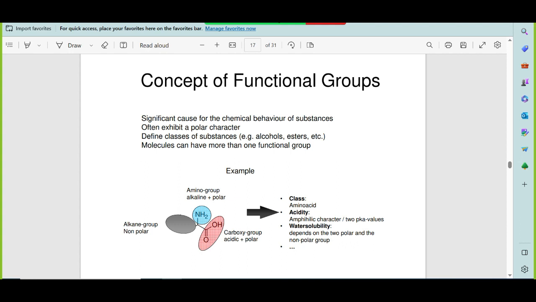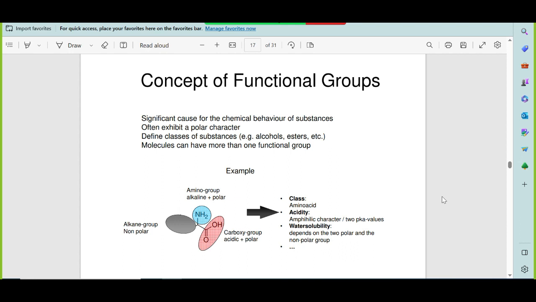So why does it exhibit a polar character? Because those functional groups usually contain an oxygen or a nitrogen. And if you remember, in the electronegativity table, the three most electronegative elements were F, O, and N. They exhibit a specific polar character. So the OH bond is polar because oxygen is electronegative, and it tends to have a delta minus charge and the hydrogen a delta plus charge, and they form hydrogen bridges with another, let's say, nearby compound.